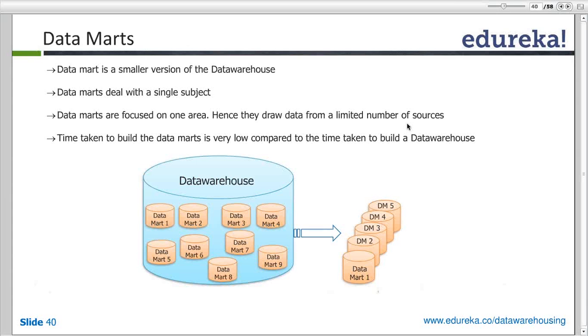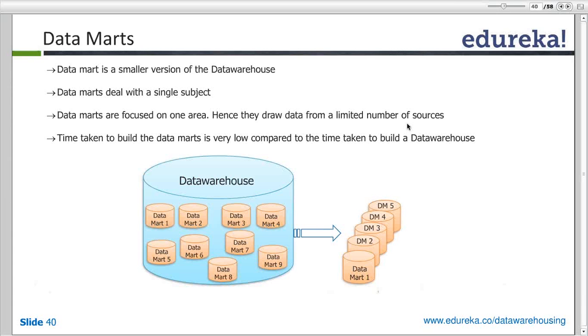So that particular supply chain system will have its own subject-specific data warehouse, a small data mart, which will fulfill their specific data needs for that particular department, the supply chain department.